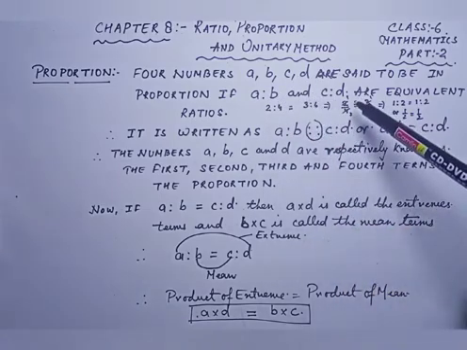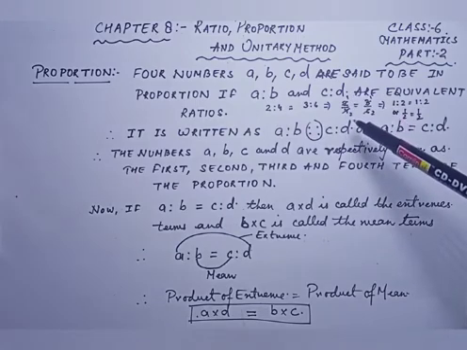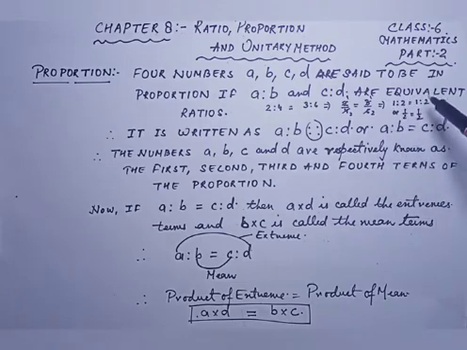When we simplify 2 upon 4, the answer is 1 upon 2. And when we simplify 3 upon 6, again the answer is 1 upon 2. So over here we can say that 1 upon 2 is equal to 1 upon 2. This means that LHS is equal to RHS.